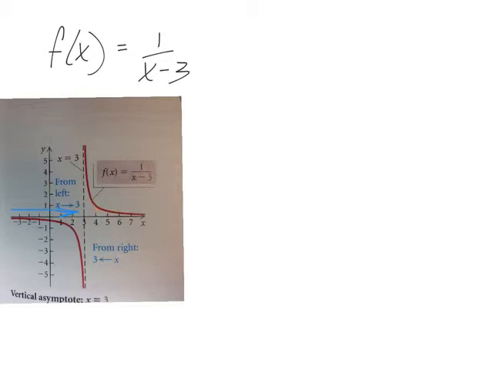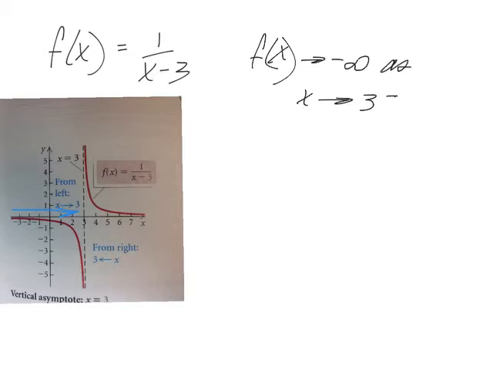So what we say here, or how we write it, is f of x approaches negative infinity as x approaches 3 from the negative side.